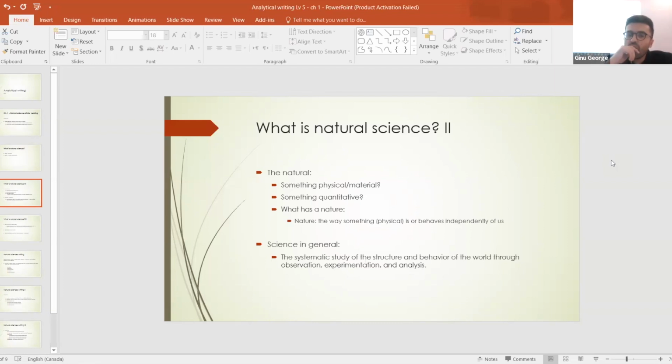So when we define natural, we shouldn't use some word that has the word natural or nature or naturalistic in it, right? We want to use something else. Otherwise, the definition becomes, they say, circular. And that's really not good for clear writing.